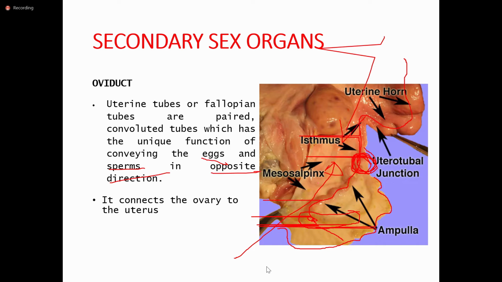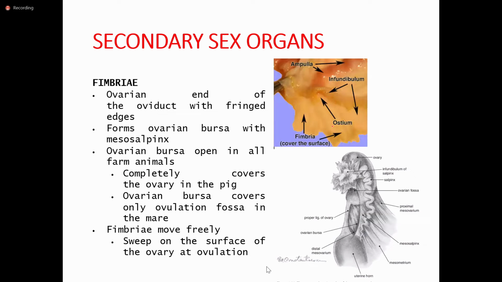Okay, so moving on, this is the fimbria. And then we have the infundibulum here, and we have the ostium. So this serves as a support structure in catching the ovulated egg. And we have different structures present in the fimbria. Say we have the ovarian bursa.